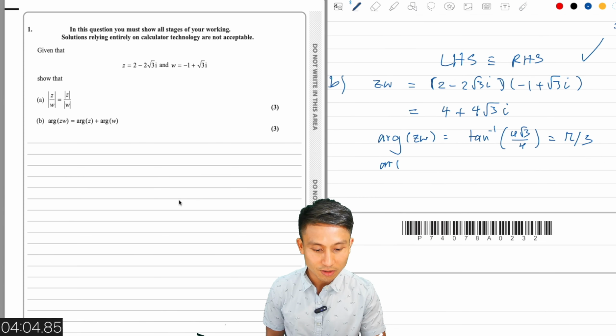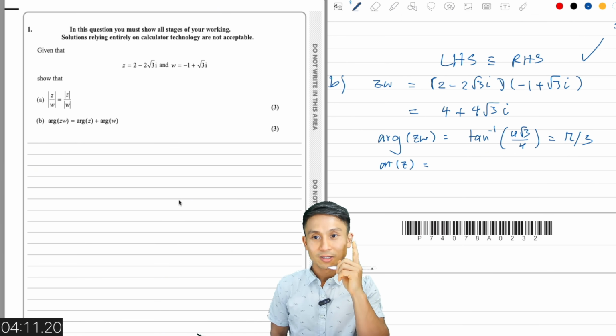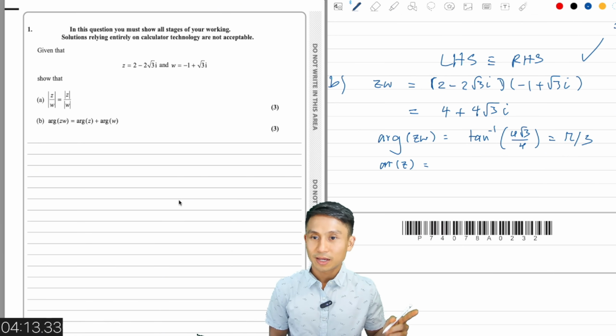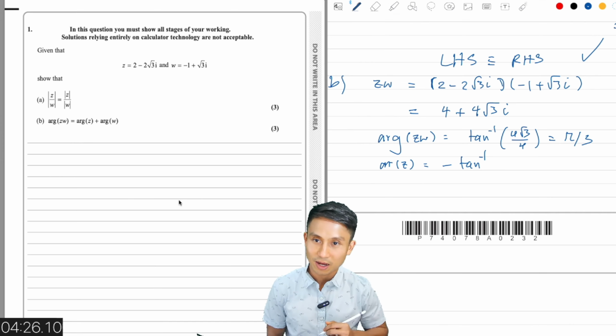And the argument of z alone would be, well, that's 2 plus 2 and minus. So plus x minus y there for the z, that would be the fourth quadrant. So in the fourth quadrant, we just do negative arctan, because you have to sweep down.